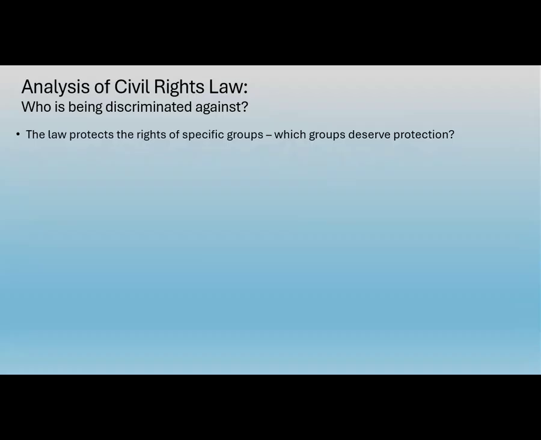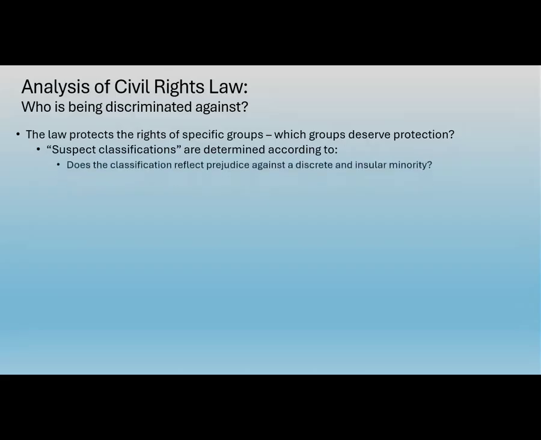Courts will only strike down laws that impose unequal treatment on particular groups of people. These groups are referred to as suspect classes. That is not because the members of the group are themselves suspicious, but because laws that treat them unequally are suspicious. What qualifies as a suspect classification depends upon 5 factors.